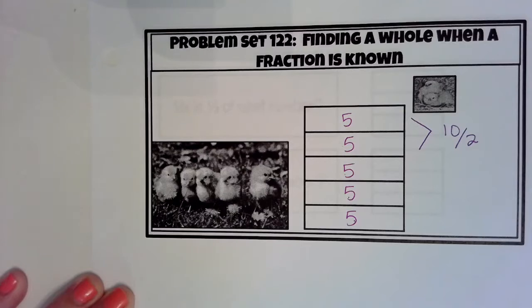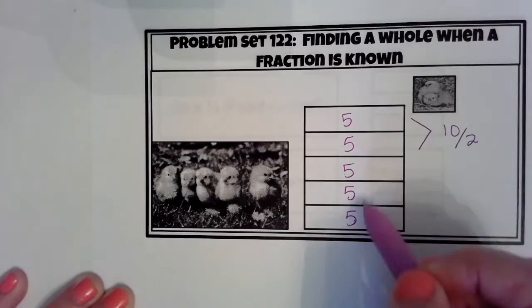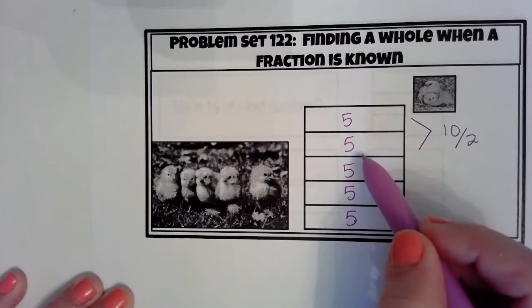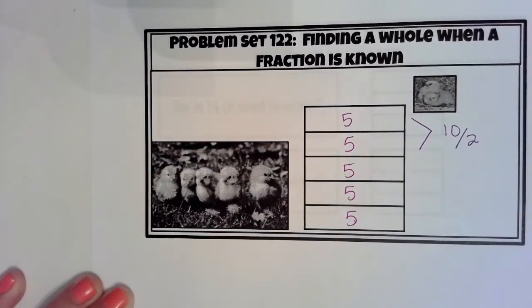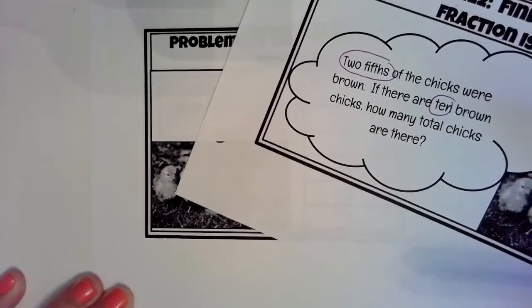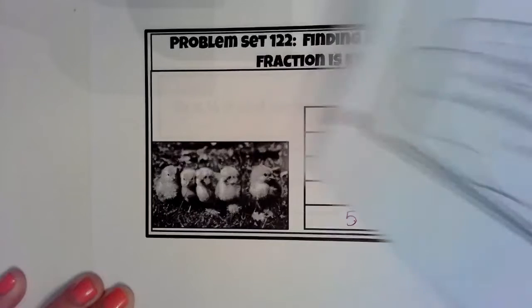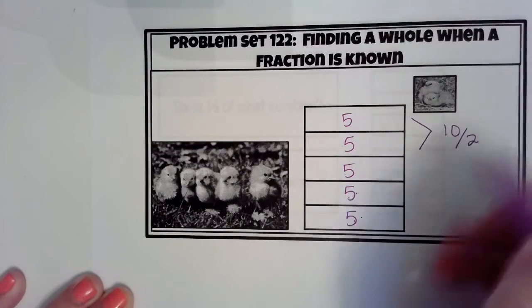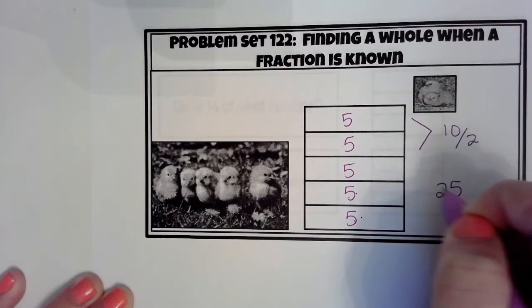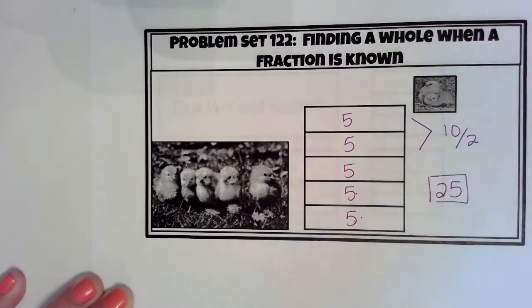And so if 10 are brown, then how many are there total? That's what the question is. How many total chicks are there? 5, 10, 15, 20, 25. 25 total.